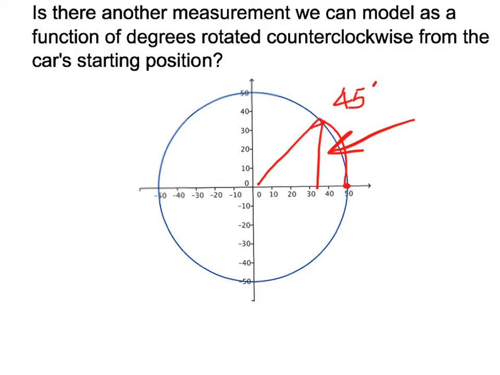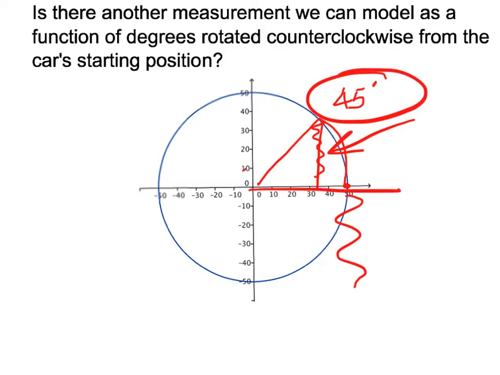We measured from here to there, and we added it to the radius so we could get the true height above the ground. Today, we measured only the height of the car, with this being 0, and we used these markings to measure the height above the horizontal line. Is there another marking that we can use?